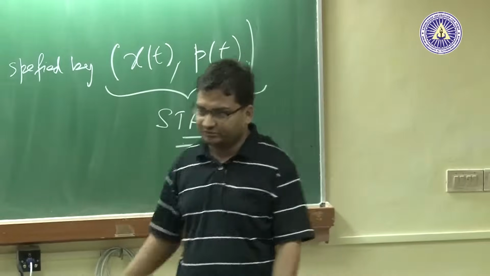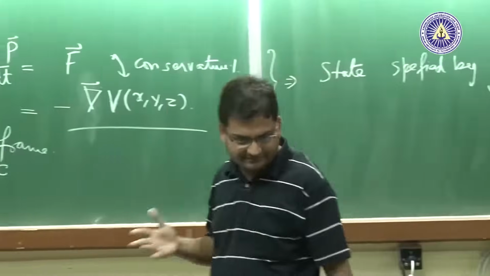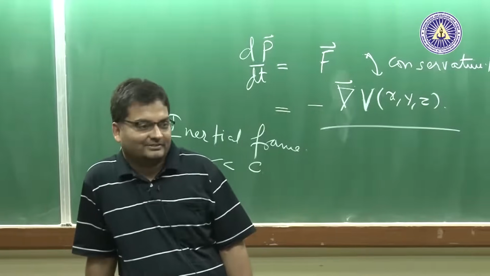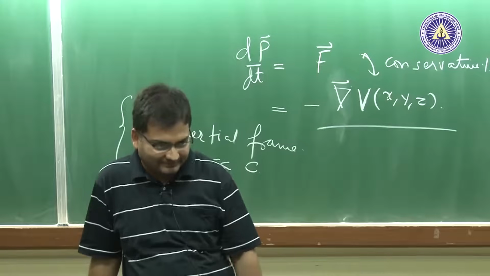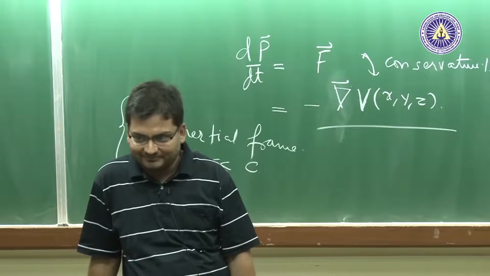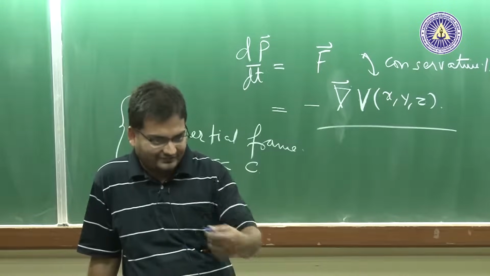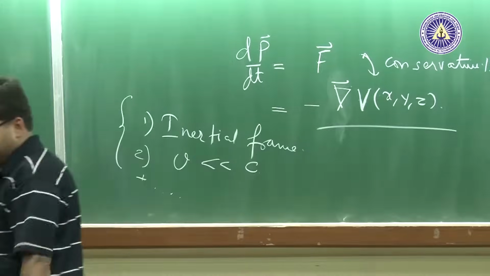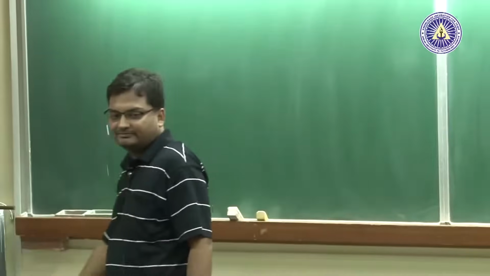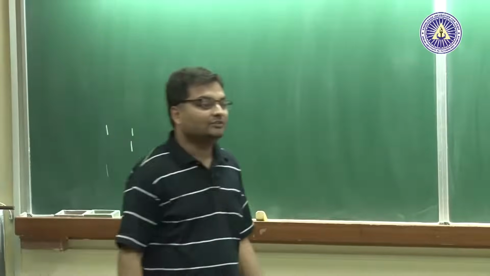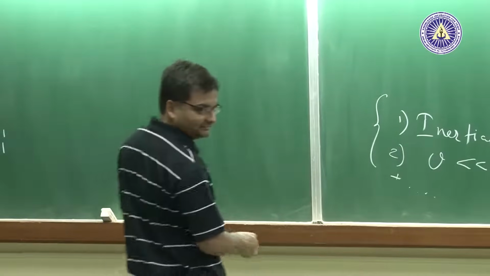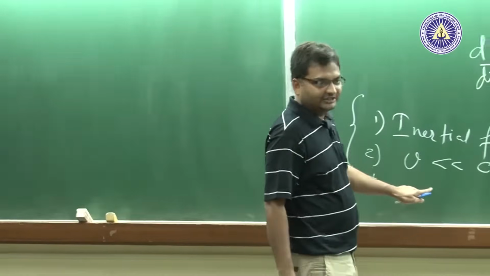So, the first question I should ask is, what is the regime of applicability of quantum mechanics? How would I know where to apply quantum mechanics? Even before I learn quantum mechanics, where should I apply quantum mechanics? So, that is relativistic, special theory of relativity.